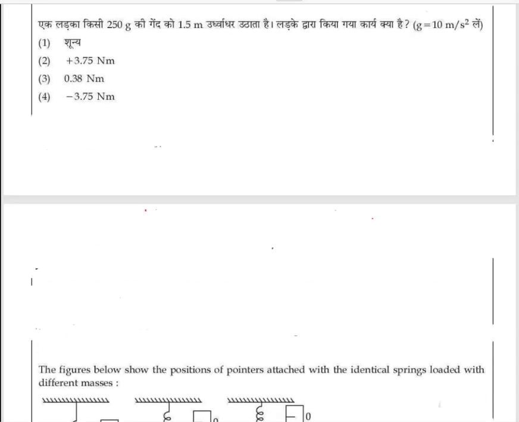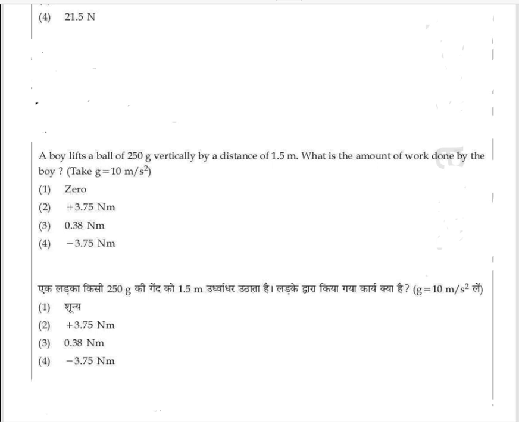So the next question: a boy lifts a ball of 250 gram vertically by a distance of 1.5 meter. What is the net work done by the boy? The question is slightly tricky, we can say.